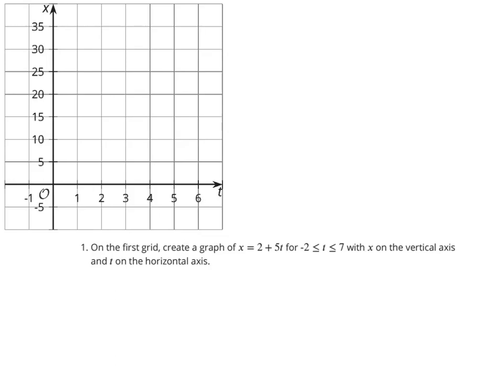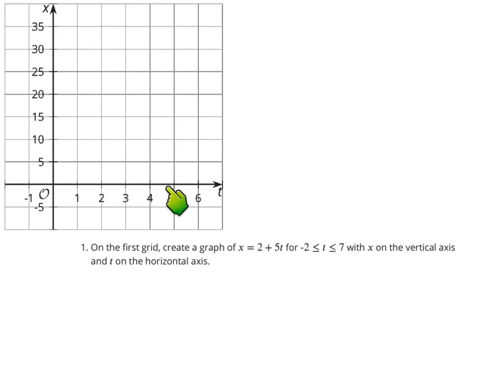Next set of problems, from this video I made it small, so I'm only showing one part of it at a time. The instructions here say, on the first grid, create a graph. And it's really important to note here that we're not using x and y, we're using x and t. Look at the graph though, it says t is here on the horizontal and x is the vertical.